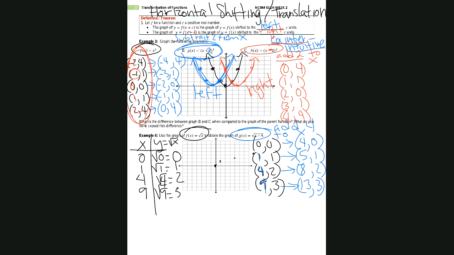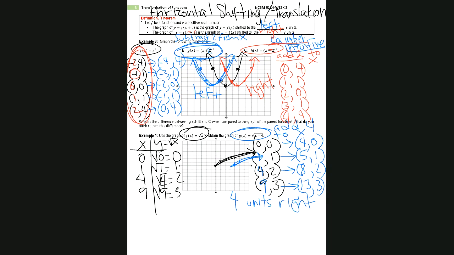Oops. Not a very good graph. Okay, the next one, let's see, 4 comma 0, 5 comma 1, 8 comma 2, maybe here. And then we have it there. So that will be a shift 4 units to the right.